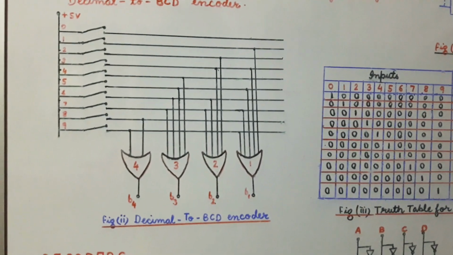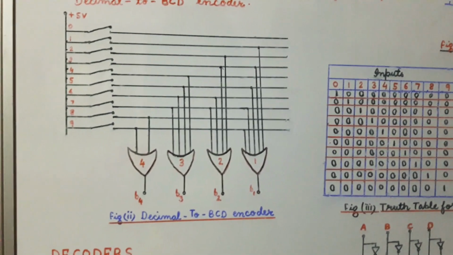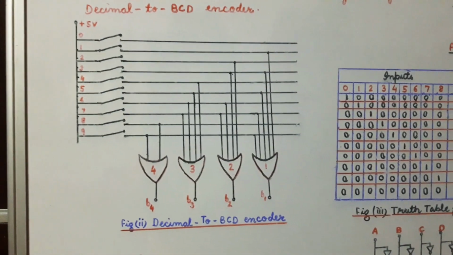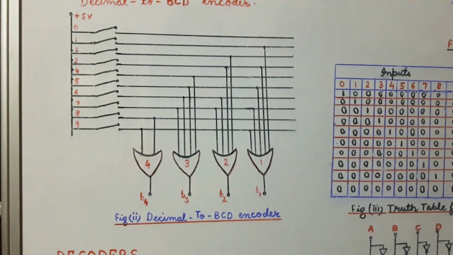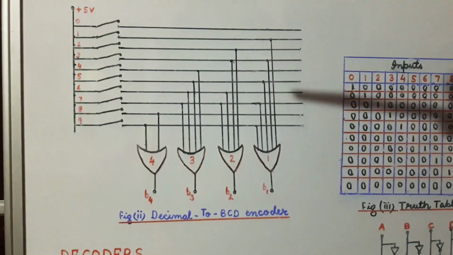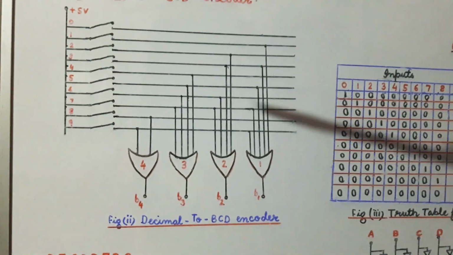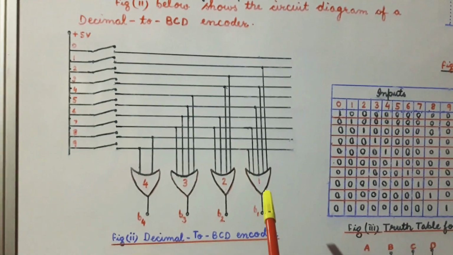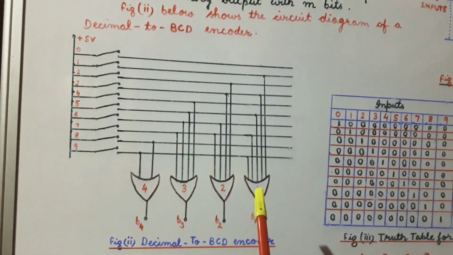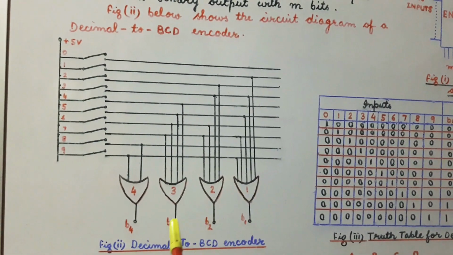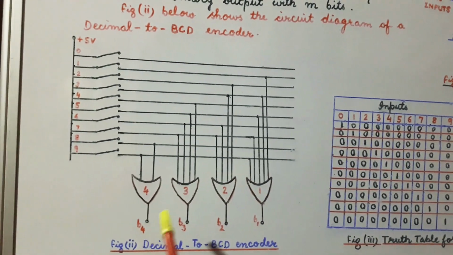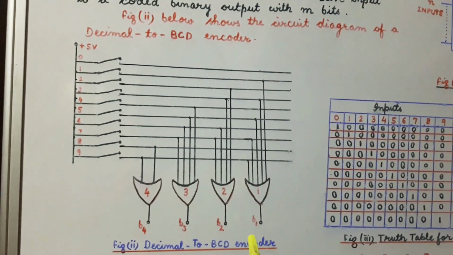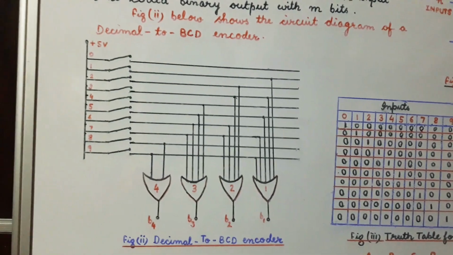From this circuit of decimal to BCD encoder, we see that if we press the switch 0, then all the OR gates are inactive, and so the output B4, B3, B2, B1 is 0, 0, 0, 0, which is the BCD equivalent of the decimal 0.